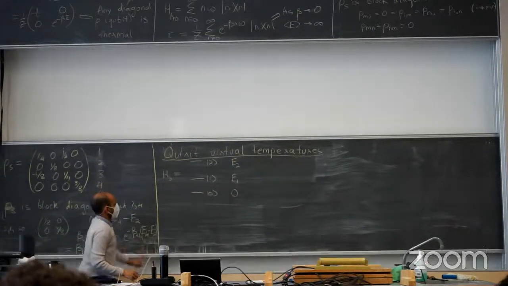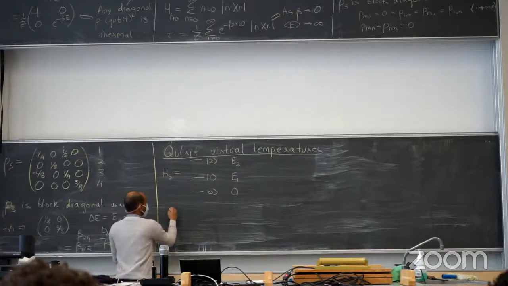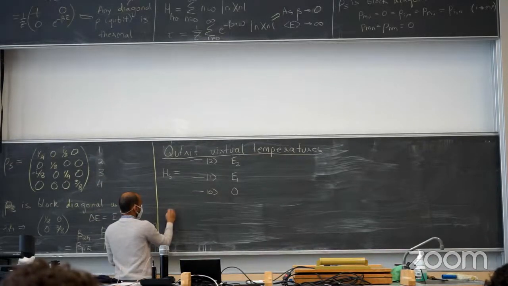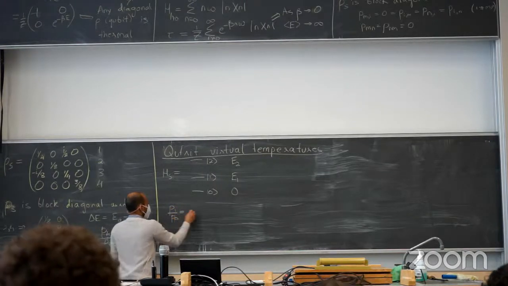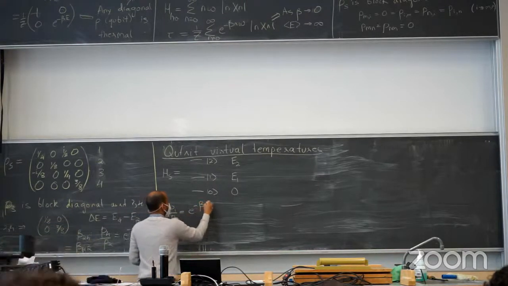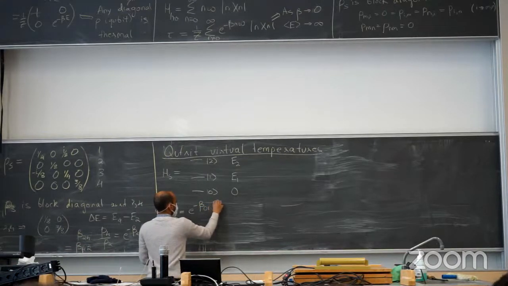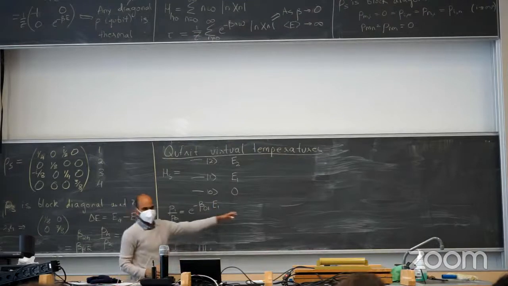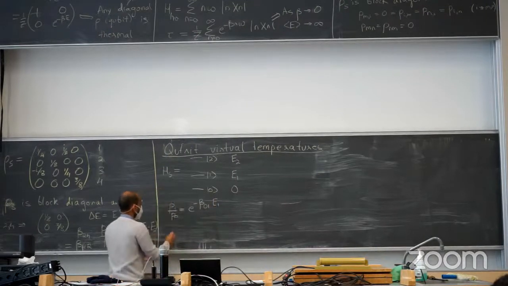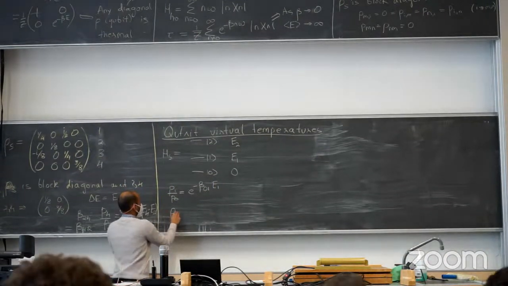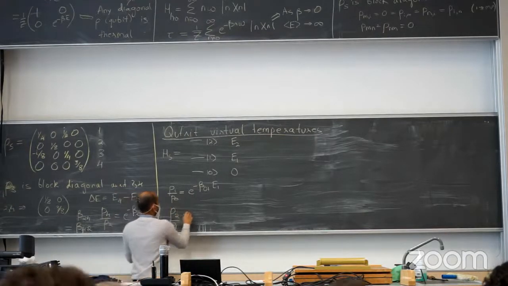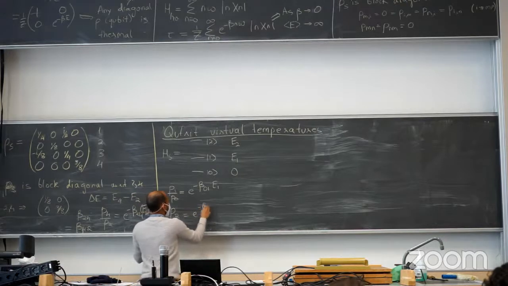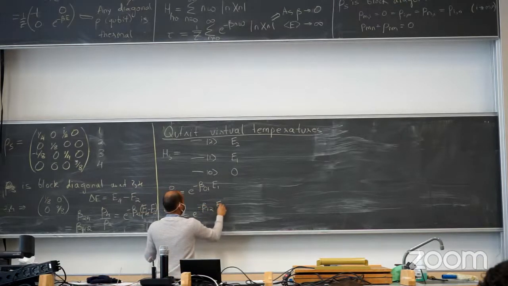Okay. And now I can define my 3 virtual temperatures. I say P1 upon P0 gives me e to the minus beta 01 E1. So it's E1 minus E0, but E0 is taken to be 0, so it's fine. And P2 upon P1 is equal to e to the minus beta 12 (E2 minus E1).